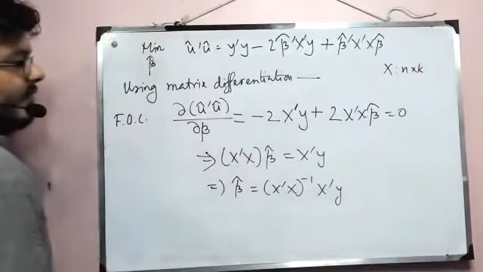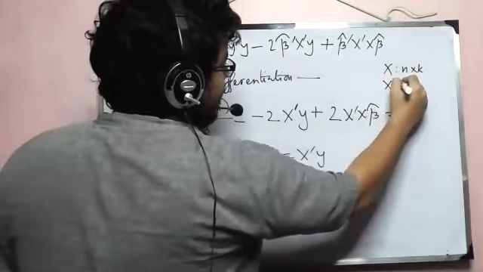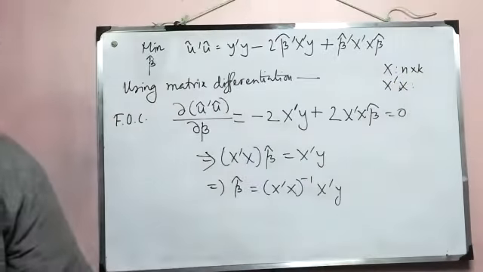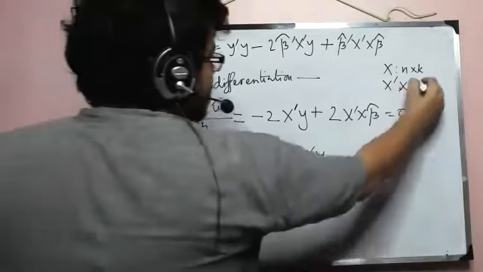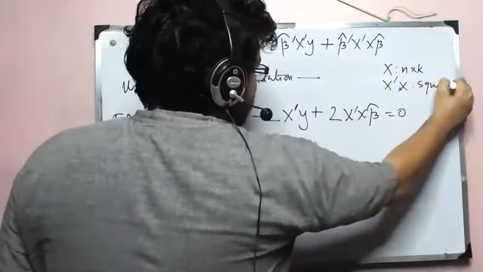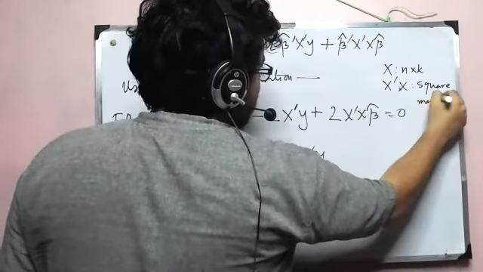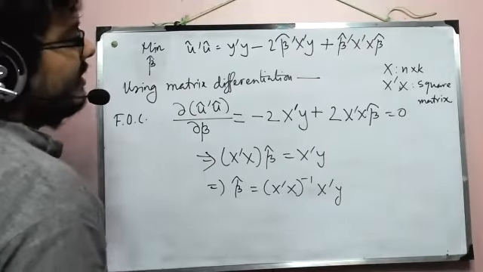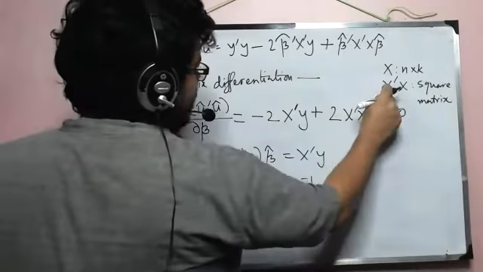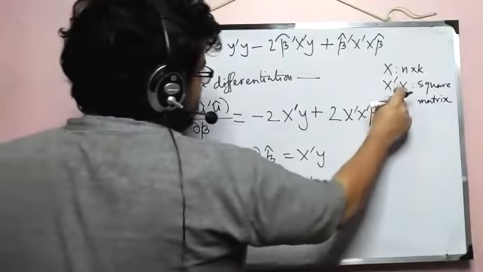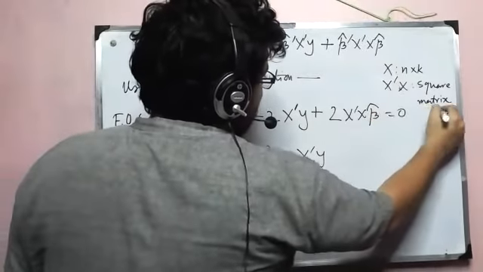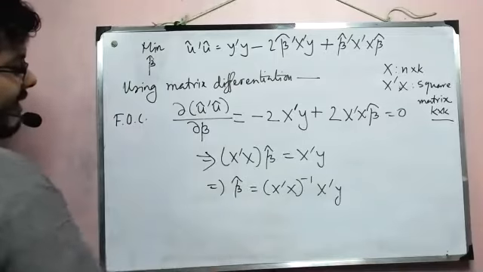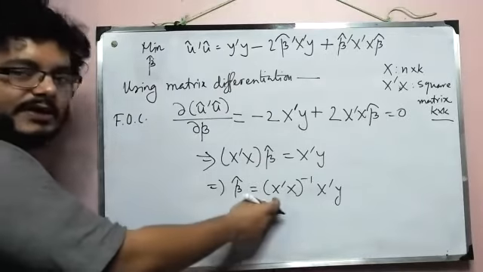So the moment we take x transpose x, it has become a square matrix. x transpose is k cross n and x is n cross k, so it will become k cross k. And for a square matrix, you can consider the inverse.